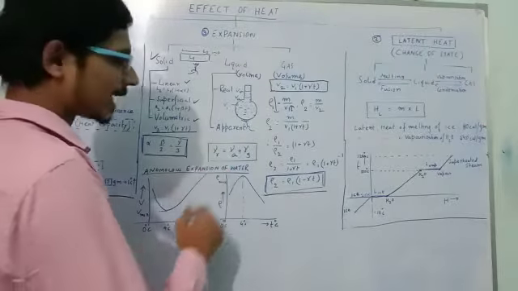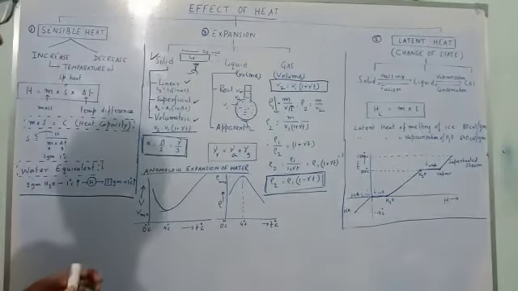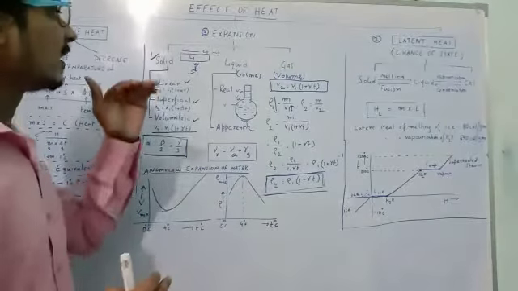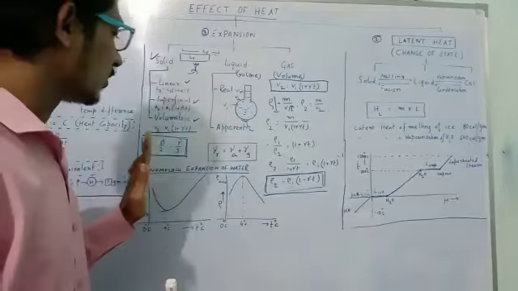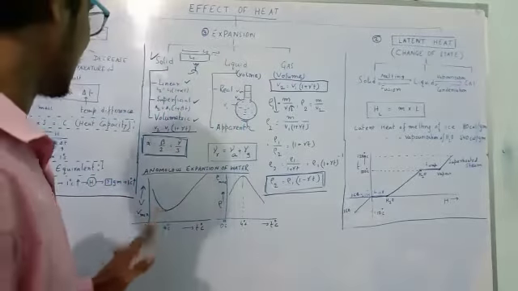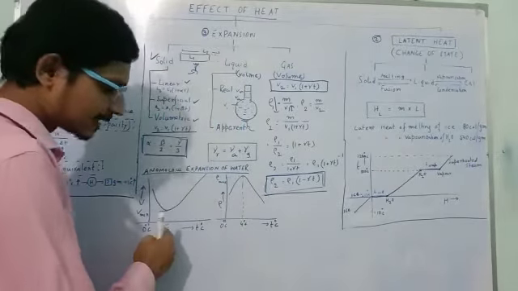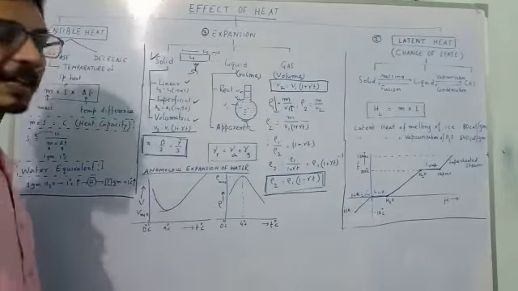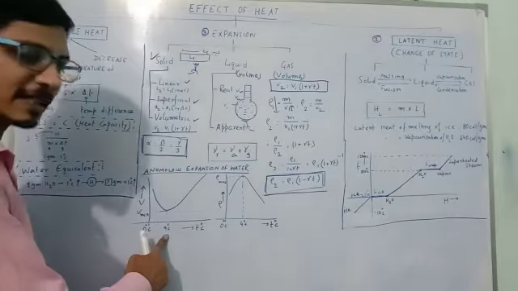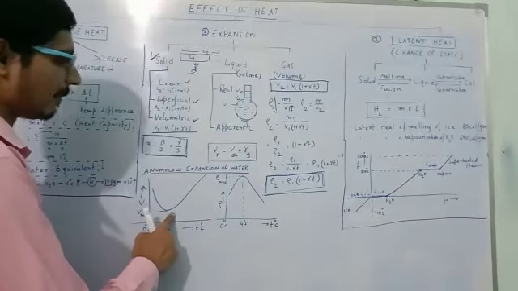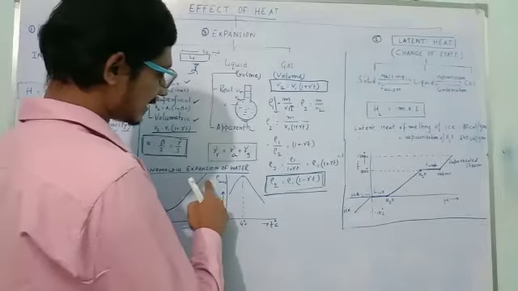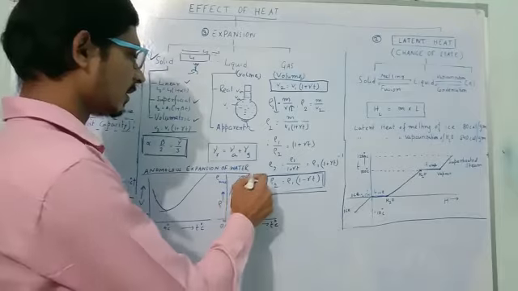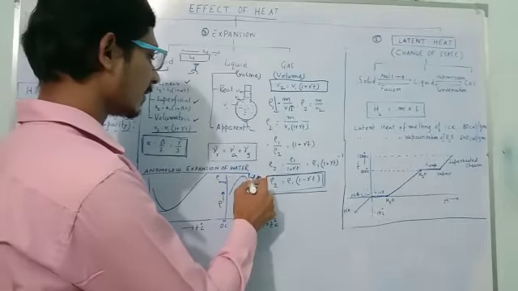But in case of water, in the region from 0 to 4 degrees Celsius, the expansion will not take place. Here from 0 to 4 degrees Celsius, if we apply heat, its volume decreases, and finally at 4 degrees Celsius the volume will become minimum, so at 4 degrees Celsius the density of water is maximum, it is 1 gram per cc.